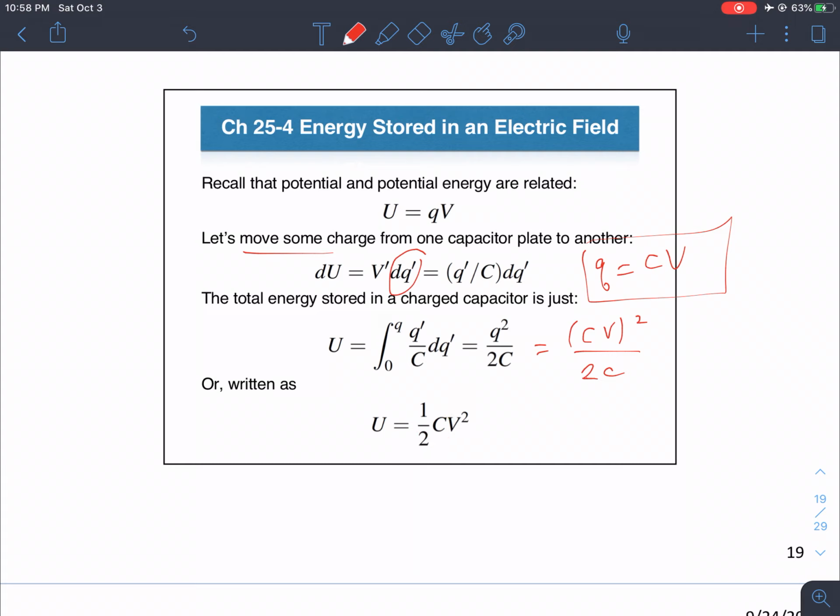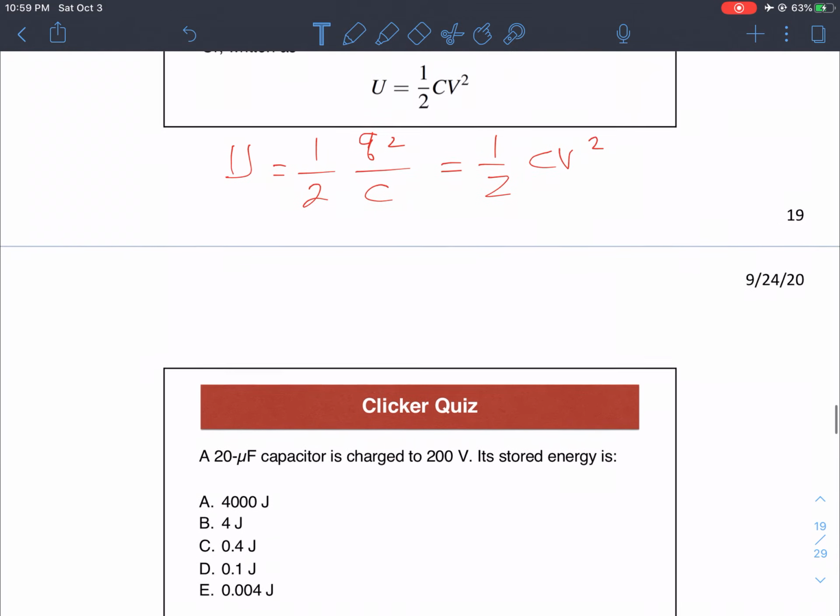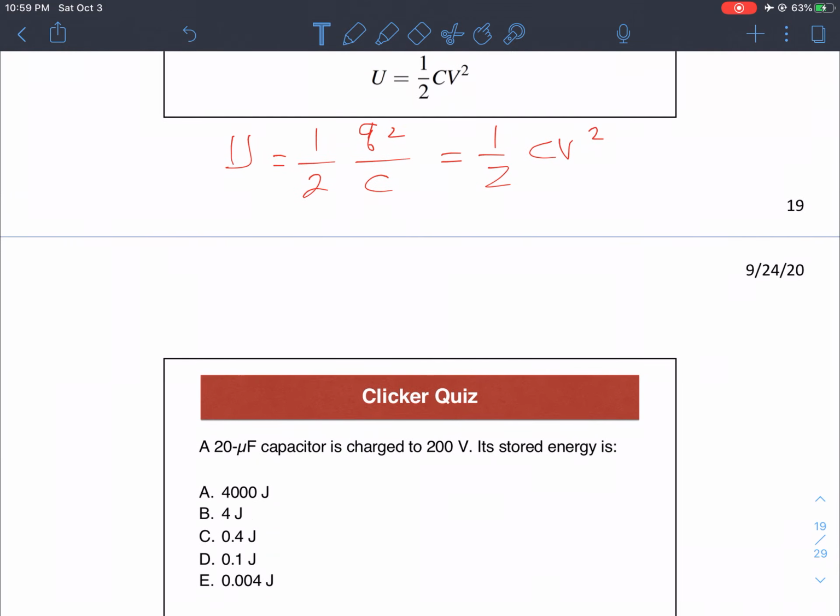So basically, when you have the capacitor, the energy can be found either from 1/2 Q squared over C, or 1/2 CV squared. Either way is fine. If I'm given the charge, I can use the first term. If I'm given the potential, then I can use the second term. They will equal the same thing.